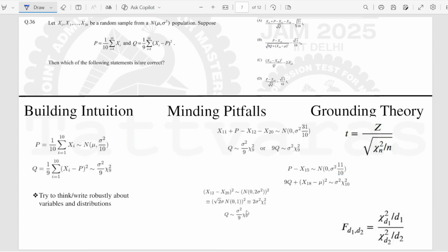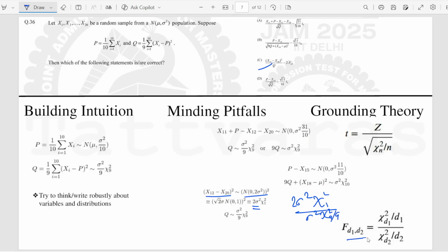The third one is, again, this thing will follow this distribution, it can be checked very easily, and this would be equivalent to chi square with degree of 1 with a scale factor of 2 sigma square, and q we anyway know. So the ratio of these two quantities is going to be 2 sigma square chi square 1 divided by sigma square chi square 9 divided by 9.